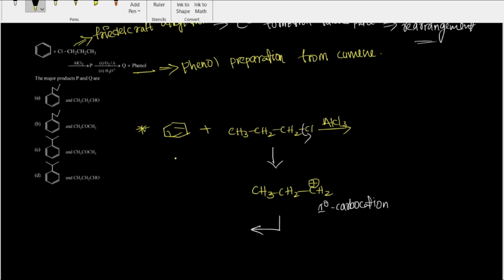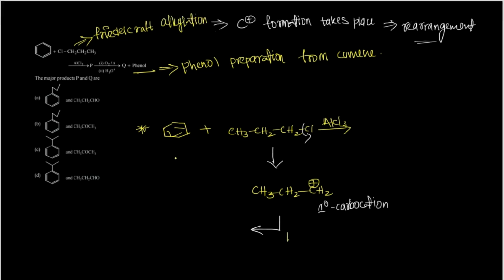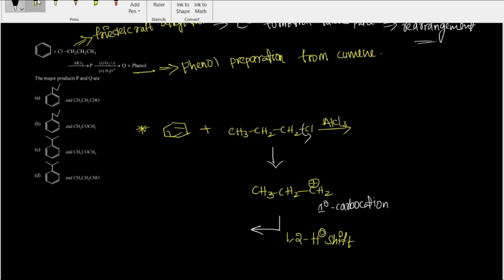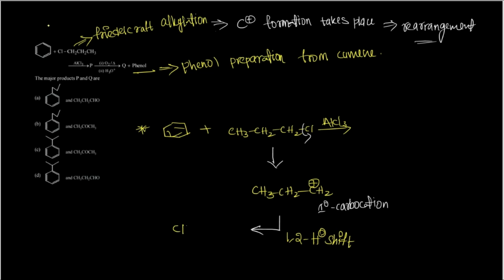Here one hydrogen is there, so just shift that hydrogen. This is a 1,2 hydride shift, and then we will get CH3 CH with the positive charge on the secondary carbon, CH3. Now these two will react. So let's see those in another slide.